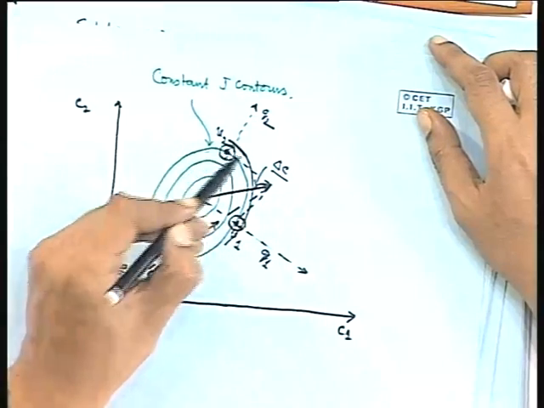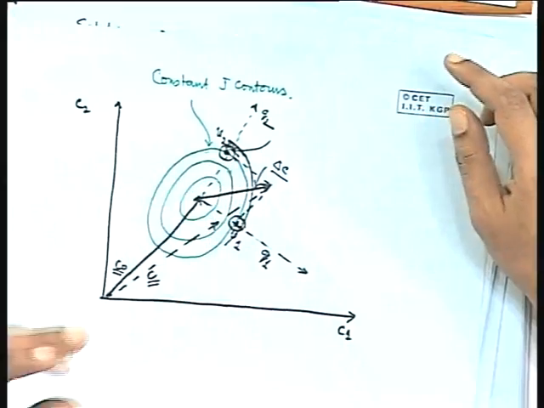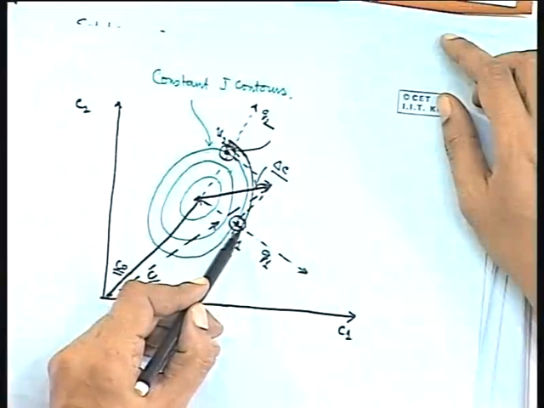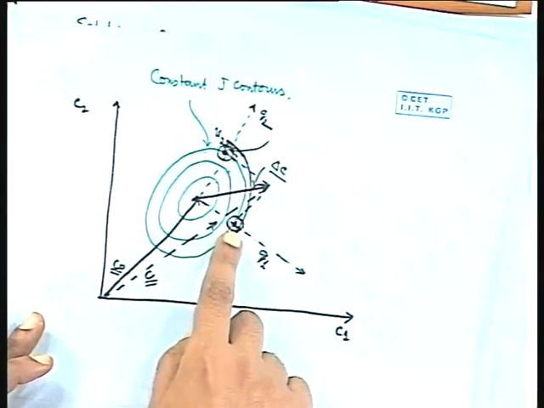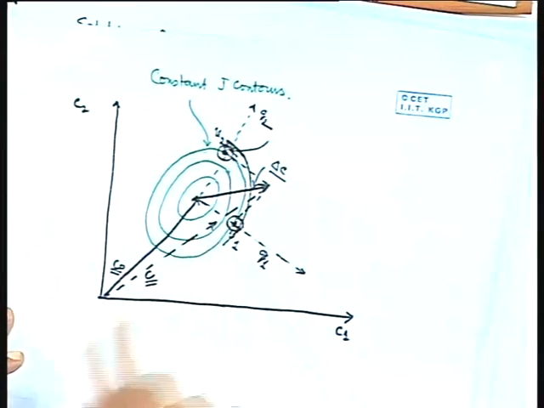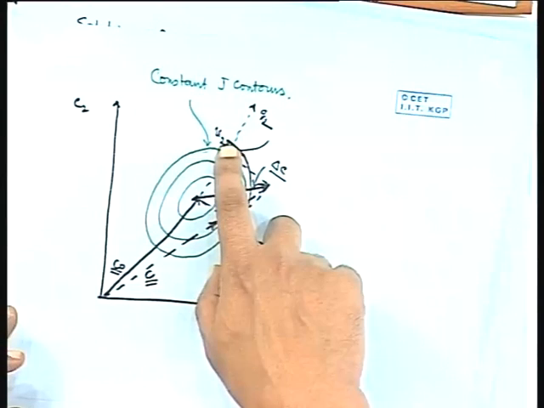That is, on the v2 axis I have to go more for a given amount of error, but here I have to go less, which means that this axis is actually more sensitive to error. So I should be more careful about weights on this axis rather than on this axis. On this axis I can make a little bit of error, and the performance index will not increase so much.